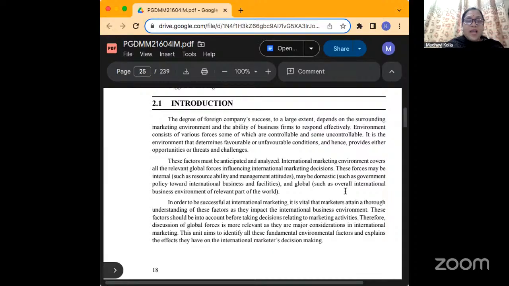And why is this anticipation important? Anticipation is important because we are prepared for the future. So if a company is not prepared for the future, then they may not be able to respond in a timely and the right way of action that may be required.